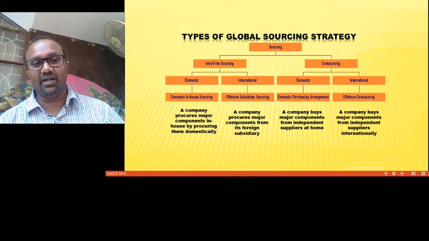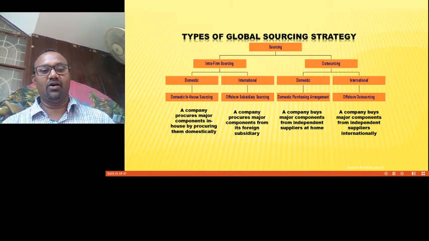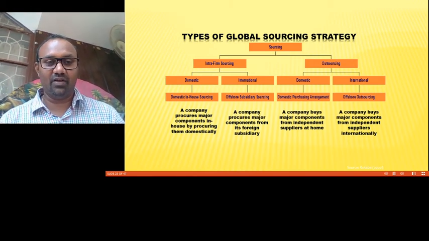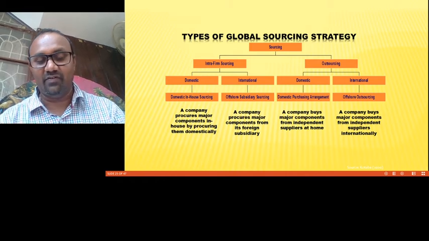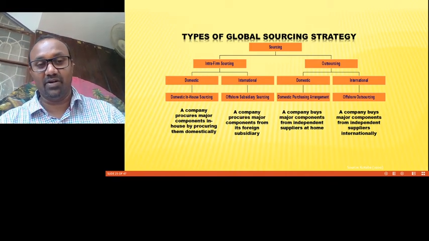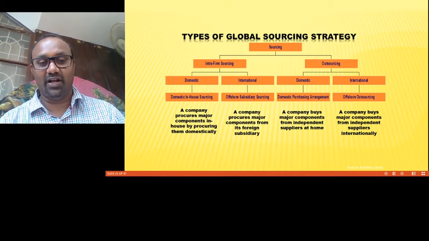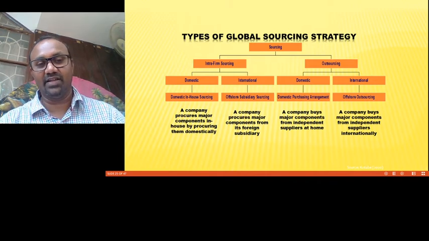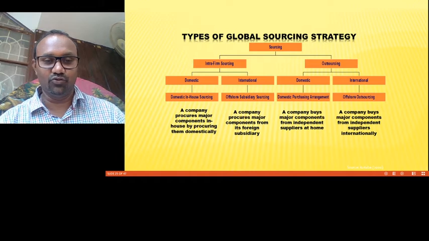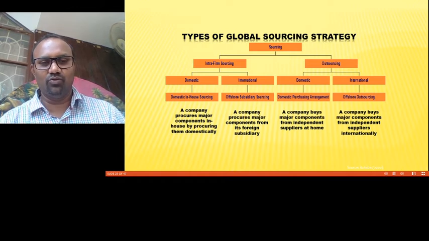Now that third party can go ahead and identify raw material suppliers and input factor suppliers from different parts of the world, establish contact with them, and then import them to the country, and then later supply it to you. So those are two broad forms that we have: intra-firm sourcing and outsourcing.